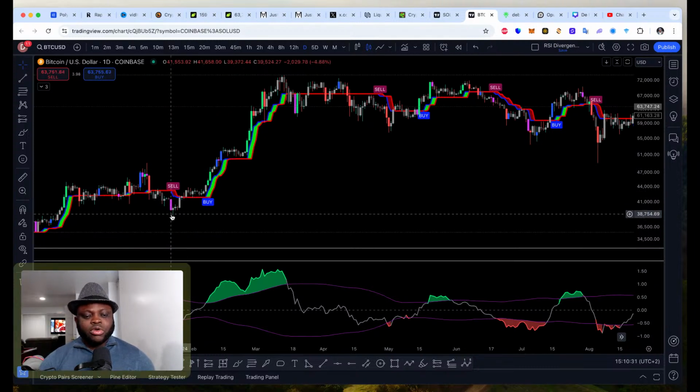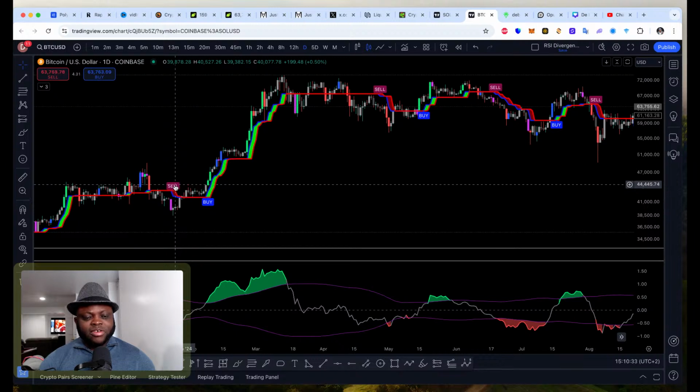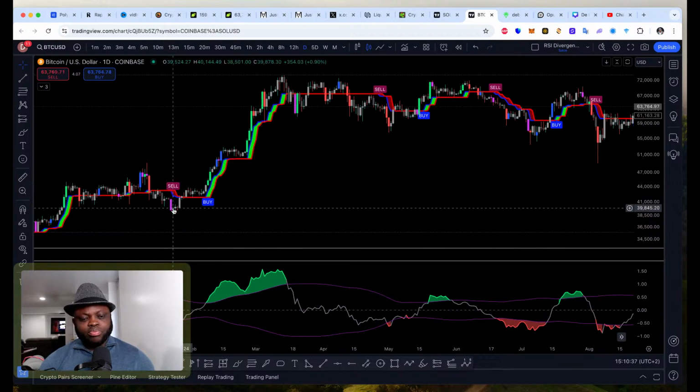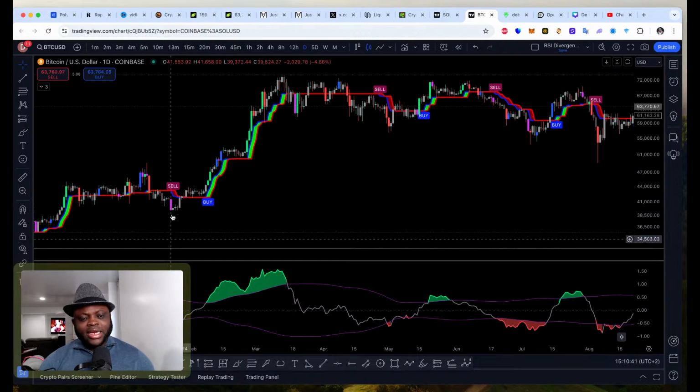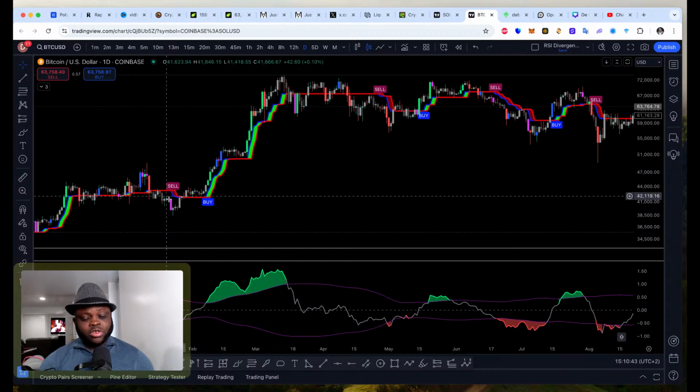In this case, we saw that the alpha trend printed this sell signal, and price was below this zone here. Now, you shouldn't sell this yet, because we haven't gotten confirmation.